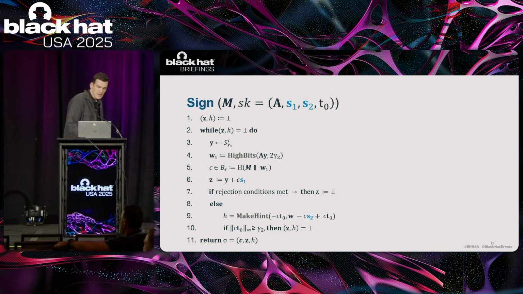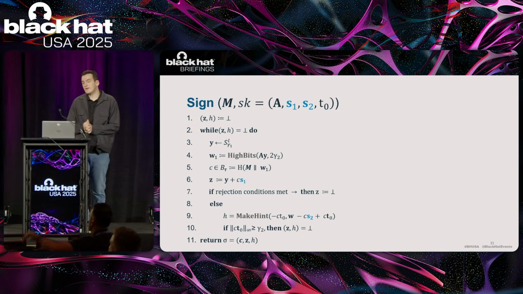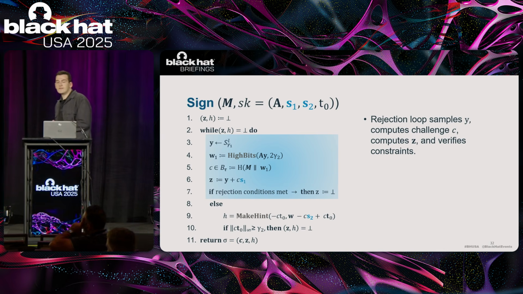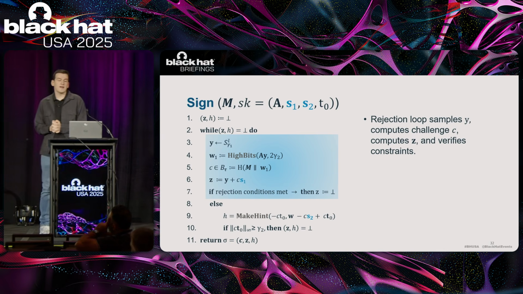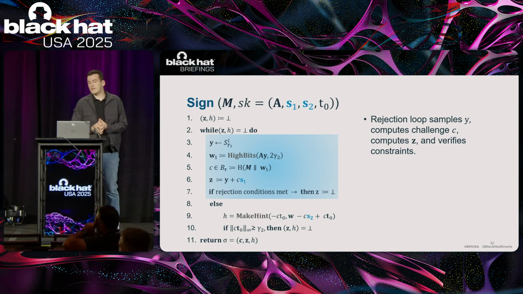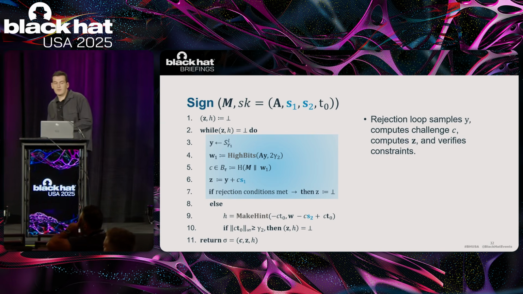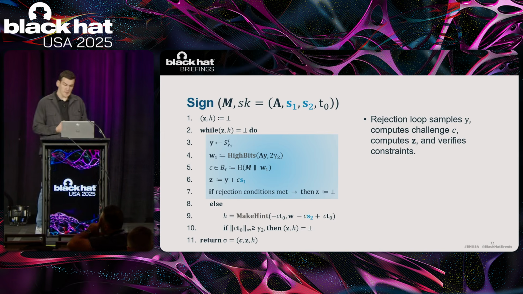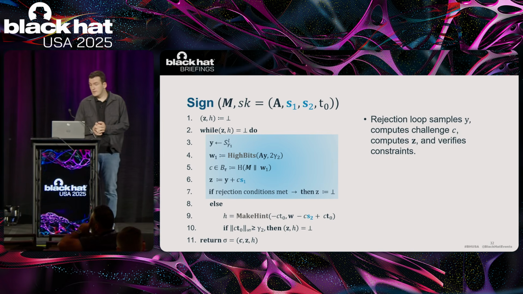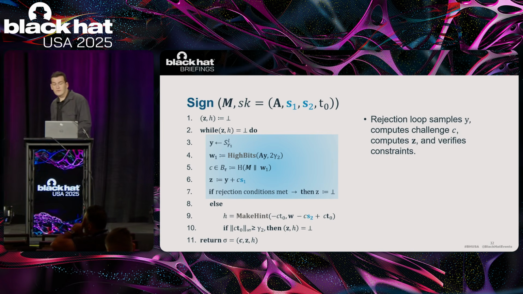Here you can see the Dilithium signing. The signing uses a rejection sampling loop, which starts with sampling Y, and then computes challenge C with the value of W1 and the message. And then it computes the Z vector using these values, and it verifies its constraints.